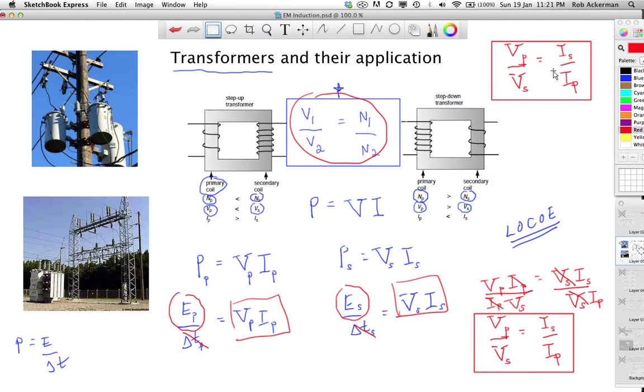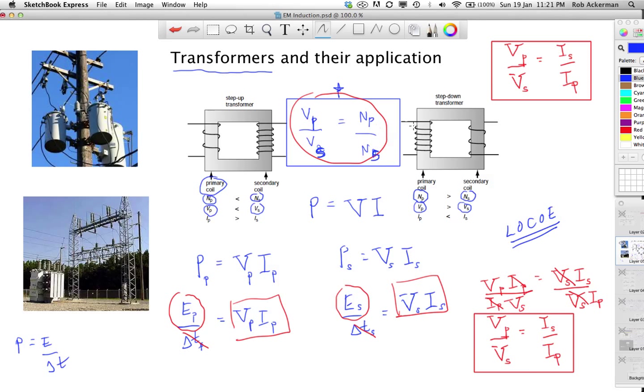Okay, now I've got what I want you to look at. A couple of quick things. Remember, P primary is the same as the number 1, and S secondary is the same as number 2. So I could write this as the 1 is primary, the 2 is secondary. So what do you got here?